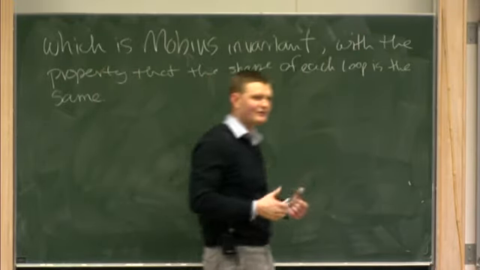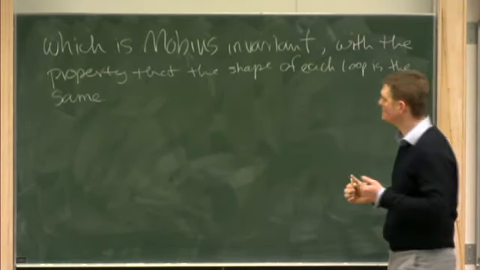Where by shape, I mean equivalence class under scaling. So this is a nested?